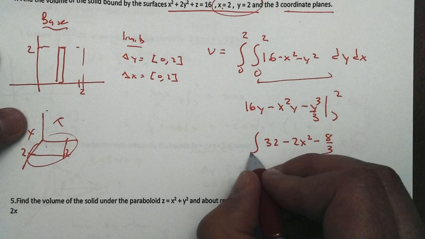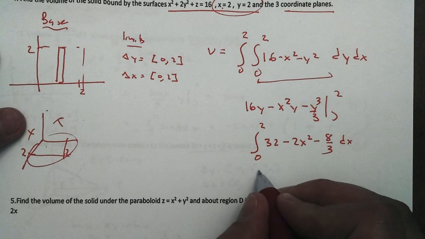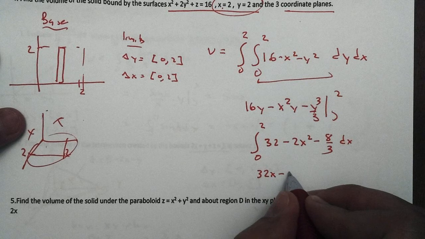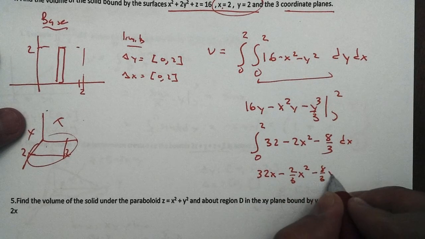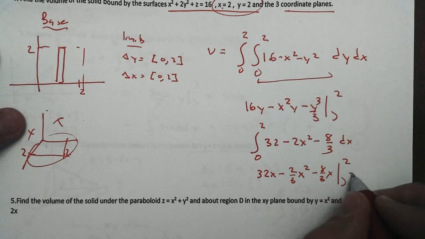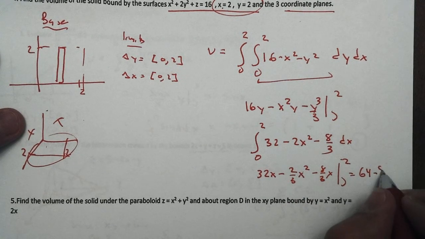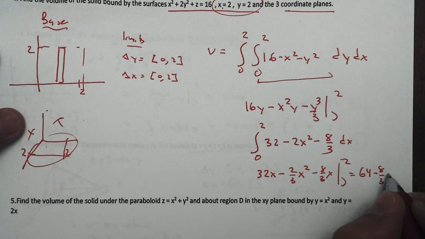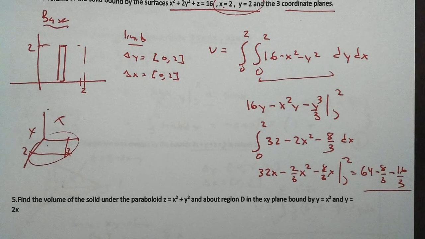And if we integrate this one with respect to x, I don't simplify anything, we will get 32x minus 2 thirds x cubed minus 8 thirds x from 0 to 2. And of course that's just 64 minus, plug in here, 16 thirds minus 16 thirds, and whatever that is going to be for us.